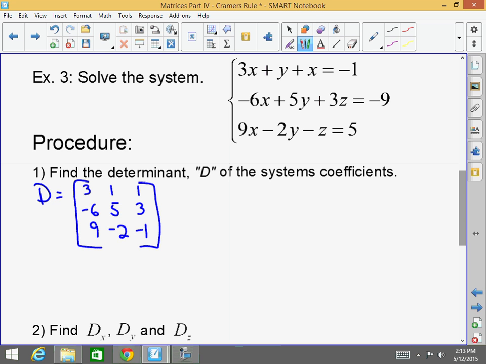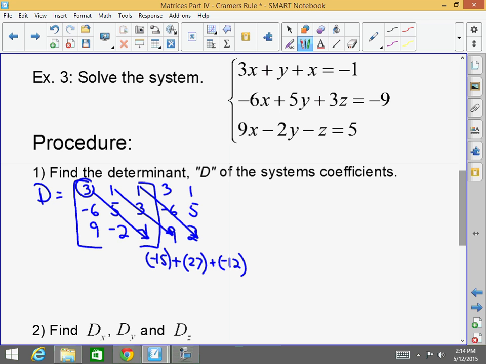Then I'm going to go ahead and bring over the first 2 columns, right? 3, -6, 9, 1, 5, and 2. Please be neat. Okay, so starting here, I've got negative 15 plus 27 plus negative 12. And that sum is 0.